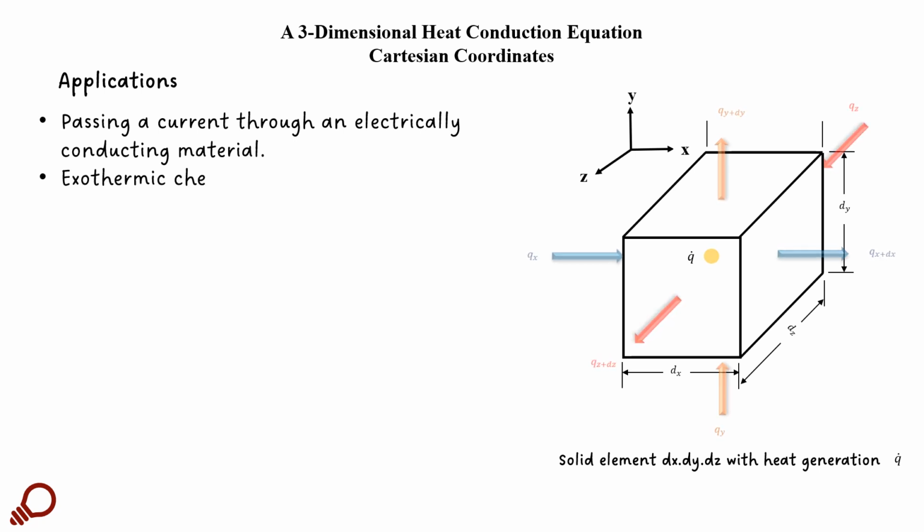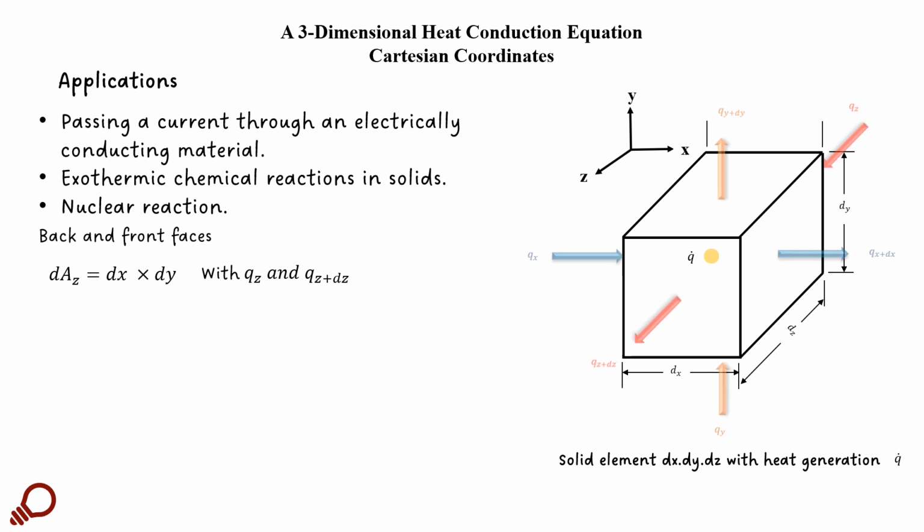And we have the exothermic case, where a chemical reaction happens and that reaction releases heat. And finally, we have the nuclear reaction, where heat can be generated in the material.